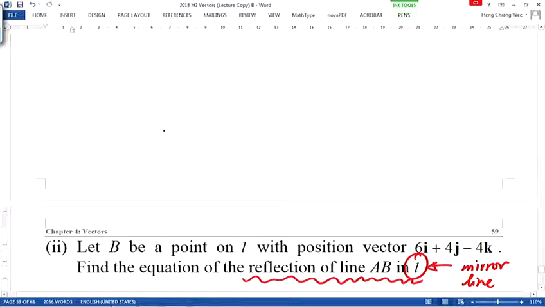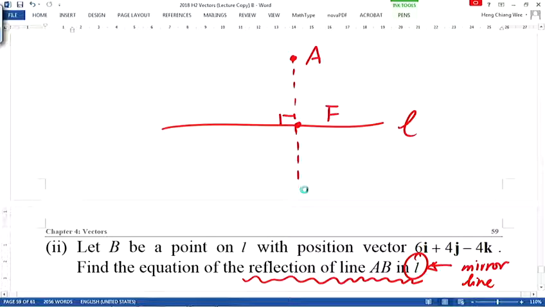What we have done so far, if you recall, is we have point A, and earlier on we have already found the foot of perpendicular, and proceeded to find A prime, which is the reflected point. Now, B is a point on L, and we are now interested in line AB.